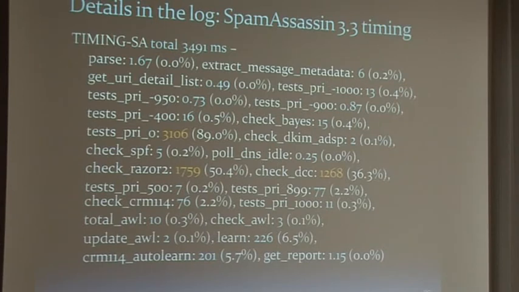Unlike the timing report for Amavis, sometimes this SpamAssassin breakdown can overlap, because SpamAssassin does a couple of things in parallel, like sending out RBL queries and collecting them later. So these numbers do not necessarily add up to the total number. Usually the sum is more than what is actually spent there.